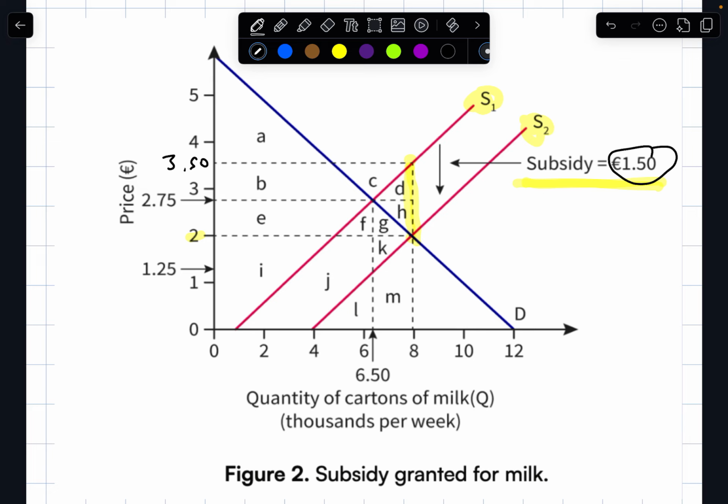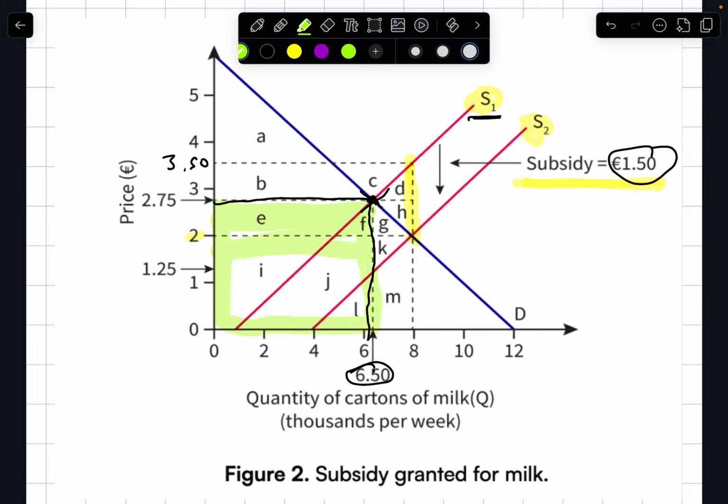So consumer expenditure, the original point would be where the original supply is before we had the subsidies. So where these points meet right here, this is the equilibrium at €2.75 and 6,500 cartons. So the original consumer expenditure would be this area right here of E, F, I, J, L. So we could do a quick calculation there.